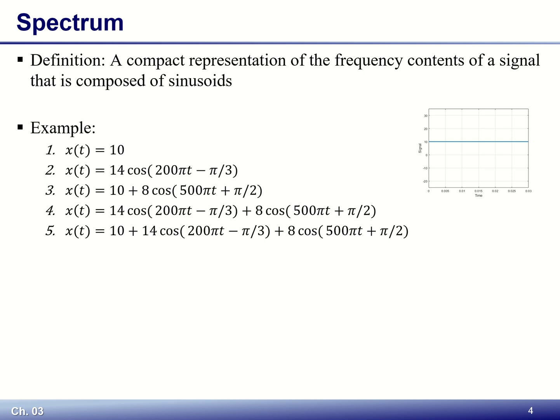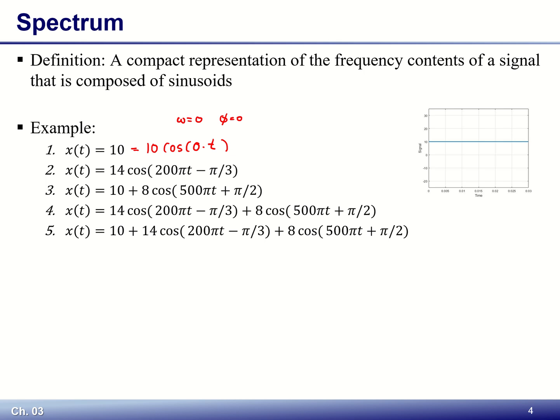Here the first figure is actually 10 cosine(0t). So omega is 0, and the phase is also 0.